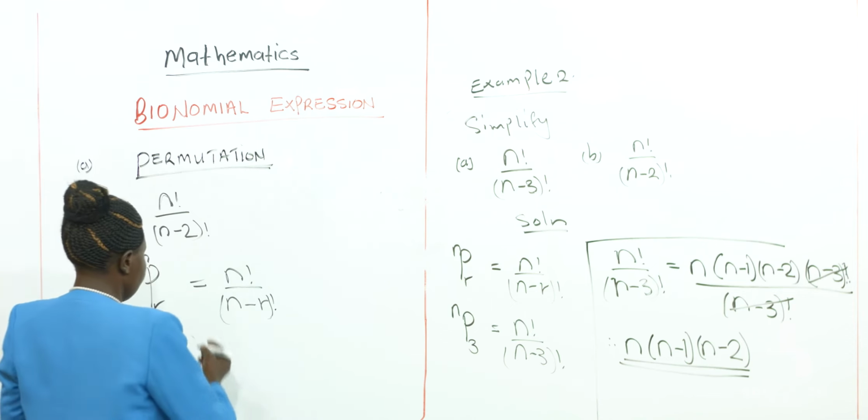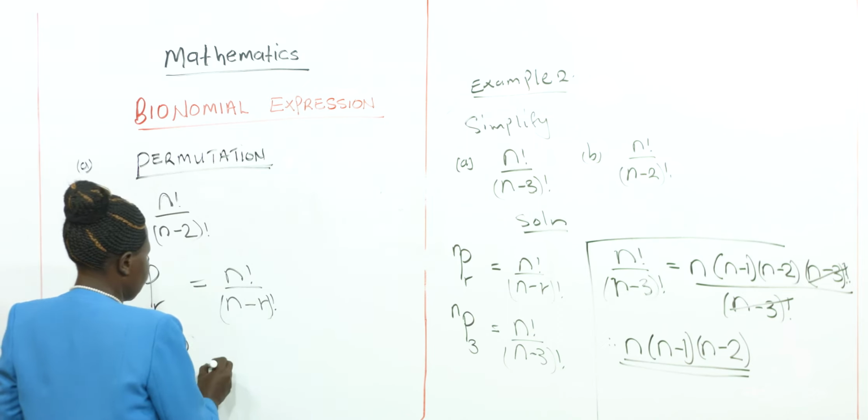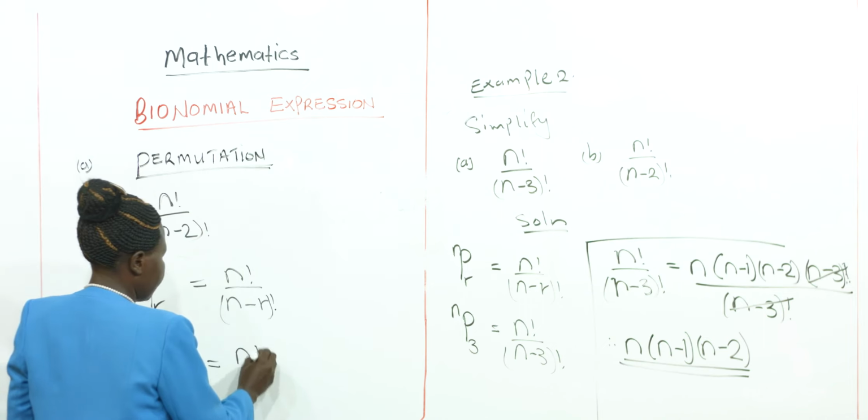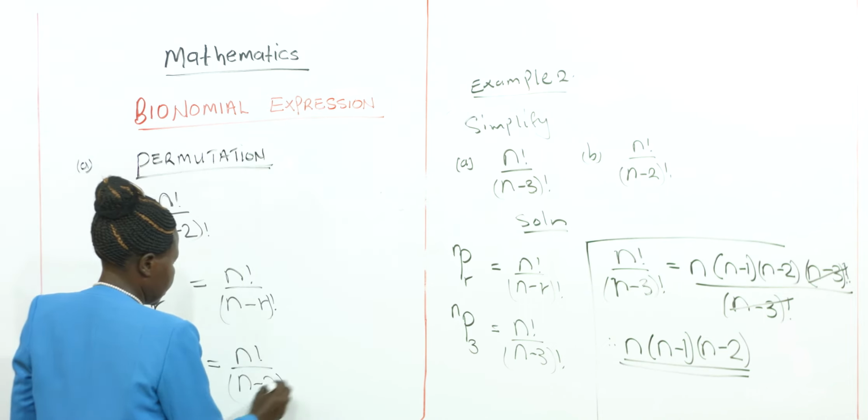And then now you will have P raised to n base 2 equals n factorial over n minus 2 factorial.